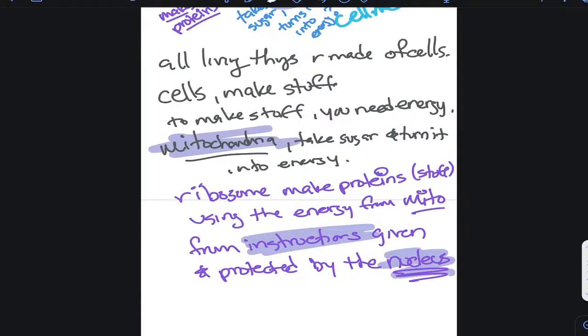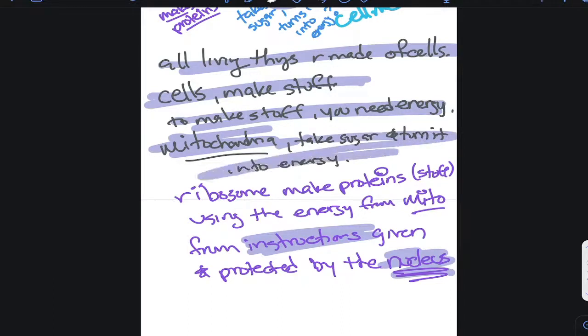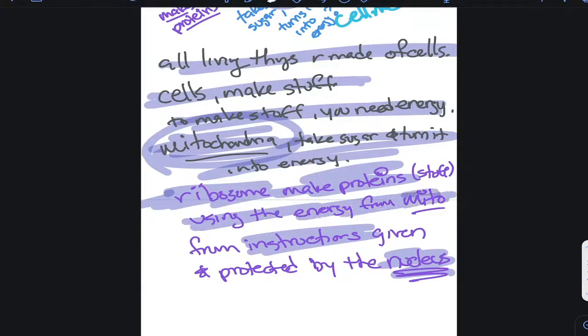All right. So far we know that all living things are made of cells. Cells make stuff. To make stuff, you need energy. You're going to take sugar and turn it to energy at your mitochondria. Ribosomes are going to make proteins, which is a type of stuff, using the energy that you got from mito, and they're going to make stuff from instructions that are protected by, kept safe in, and given by the nucleus.